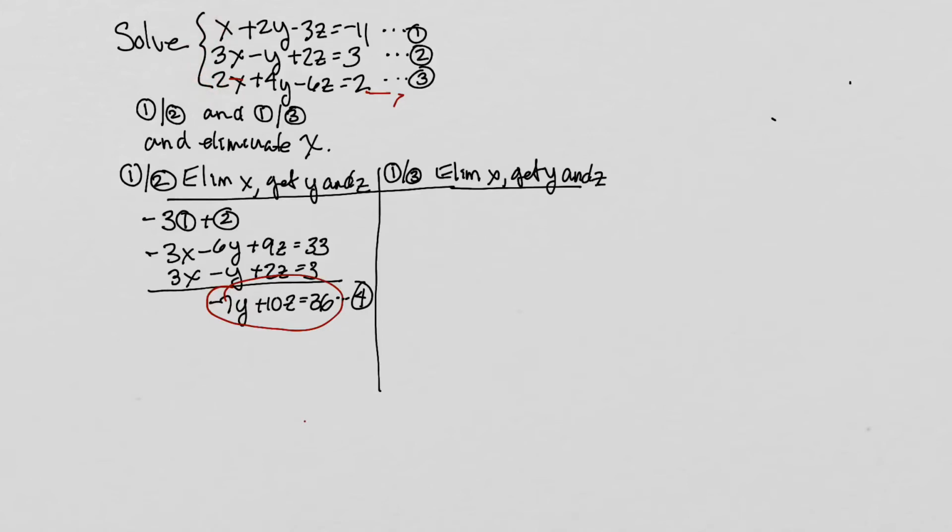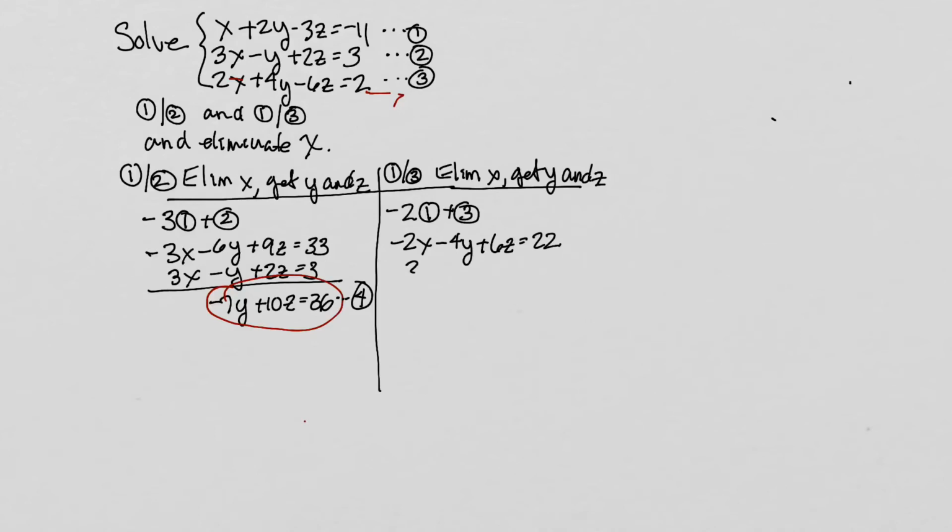That'll look like this: -2 times equation 1 plus equation 3. So let's run a -2 through this first equation. That'll look like this: -2x minus 4y plus 6z is equal to positive 22.